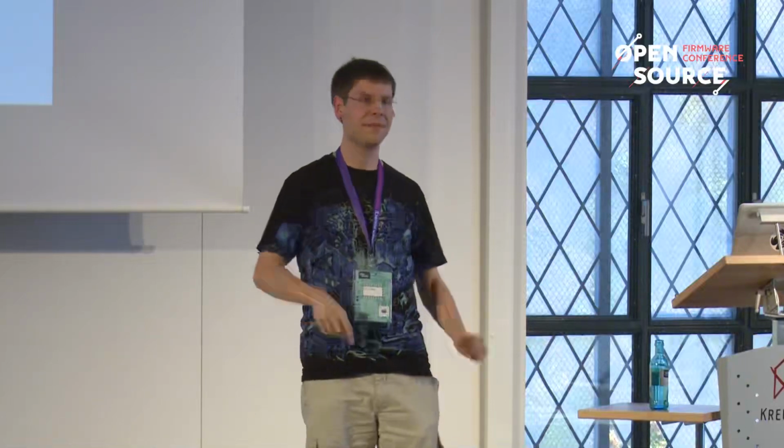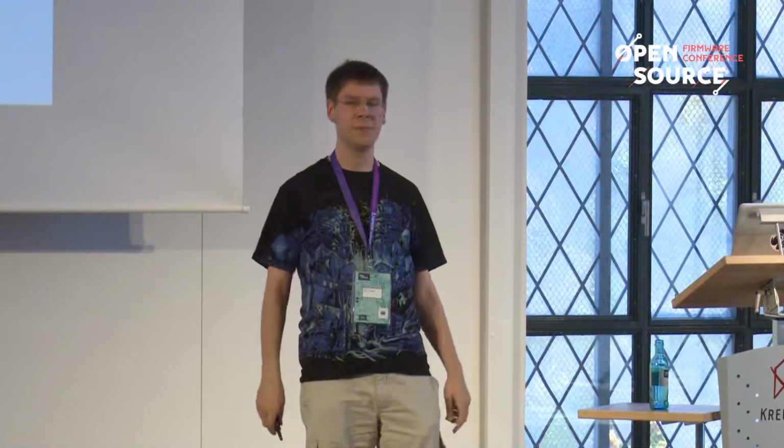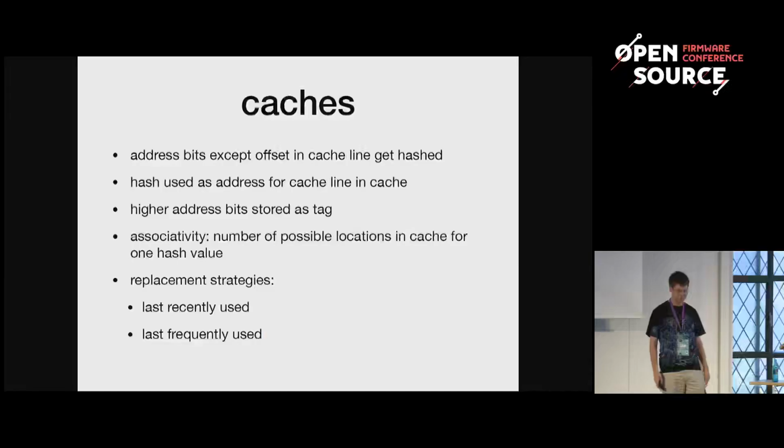If so, the data is cached and can be accessed from the cache. If not, then it has to be fetched from either the next higher cache level or from the main memory.